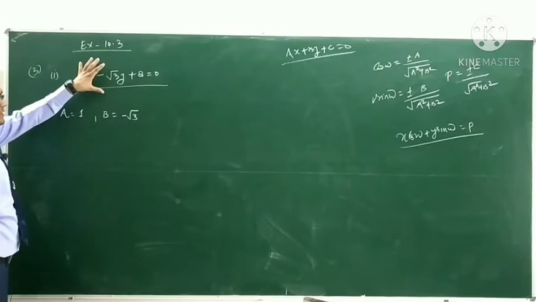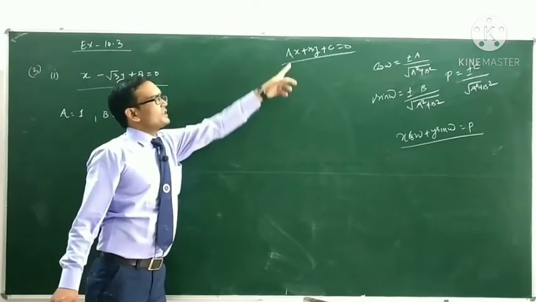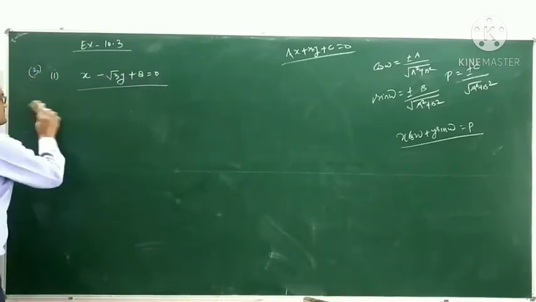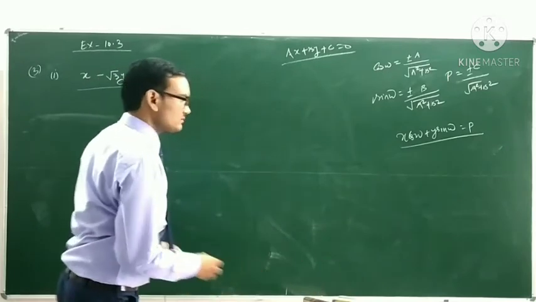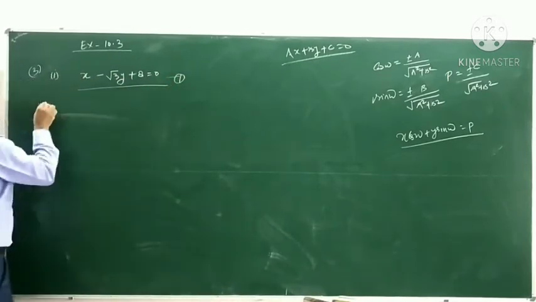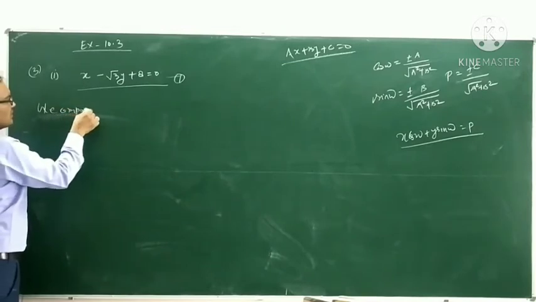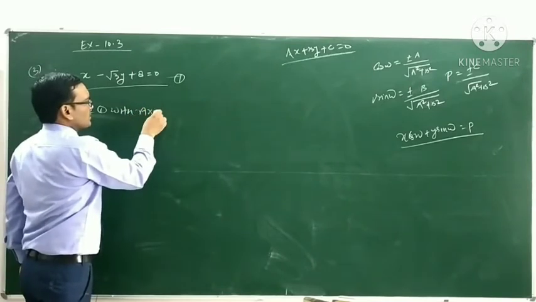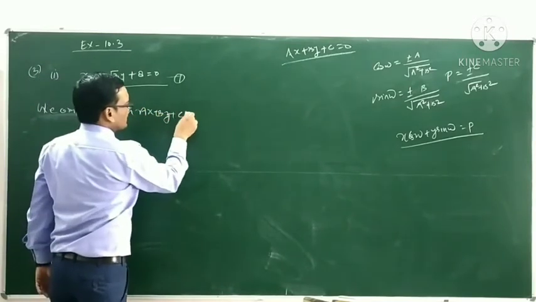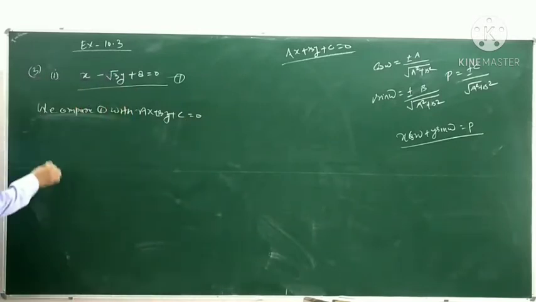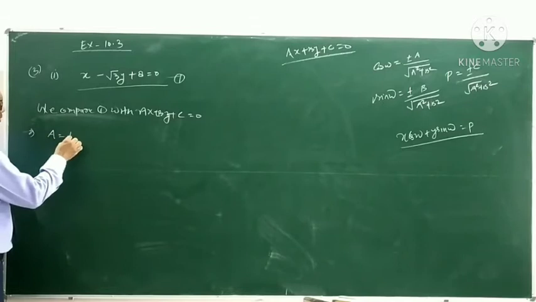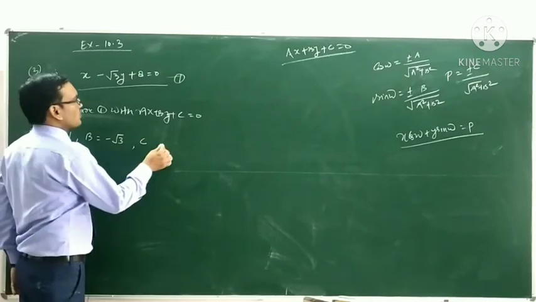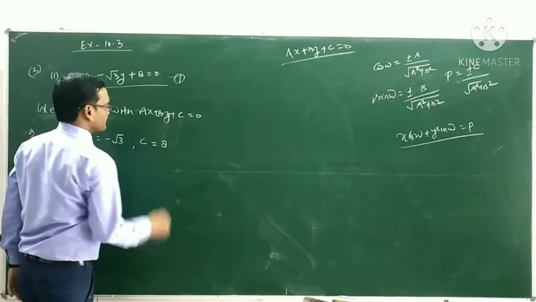We compare this equation with ax plus by plus c is equal to 0, then a equal to 1, b equal to minus square root 3, c equal to 8.